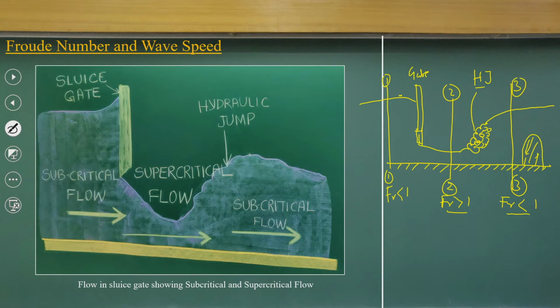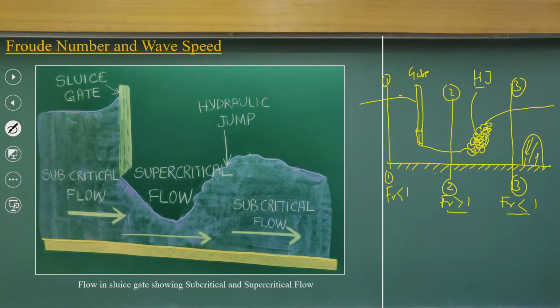There are energy losses when the flow goes from supercritical to subcritical. Please remember, supercritical to subcritical regions create a jump. You can see that this is the jump behavior. This is what we call a hydraulic jump, and it creates a lot of turbulence structures.